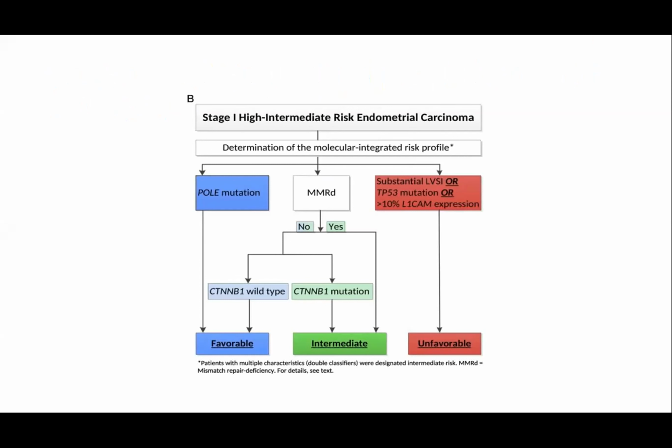However, the other 2, the MMR proteins and the P53, can easily be done by immunohistochemistry, and more and more we are doing that routinely for our endometrial cancers. In addition, although not a part of the risk classification, we also do the ER/PR on these patients.